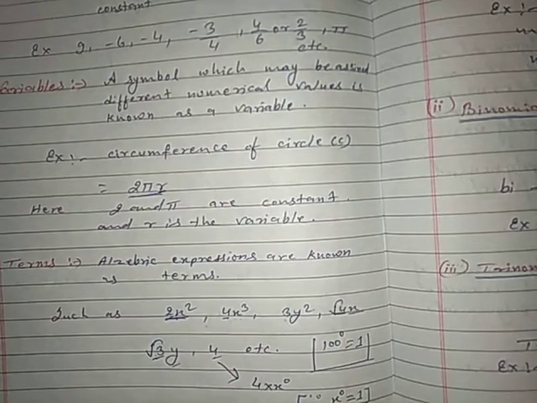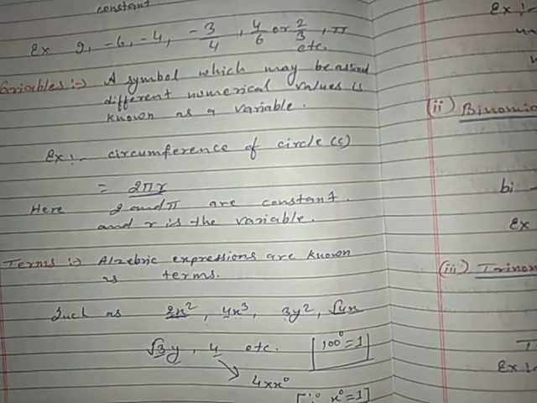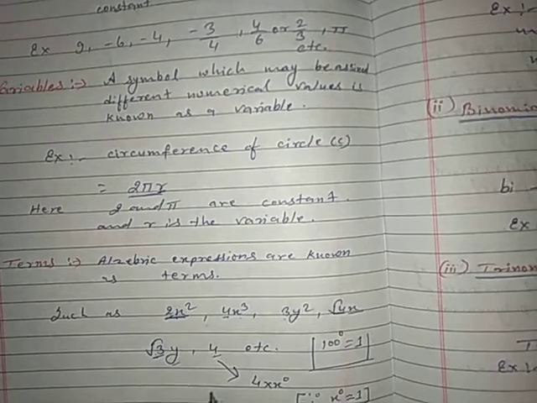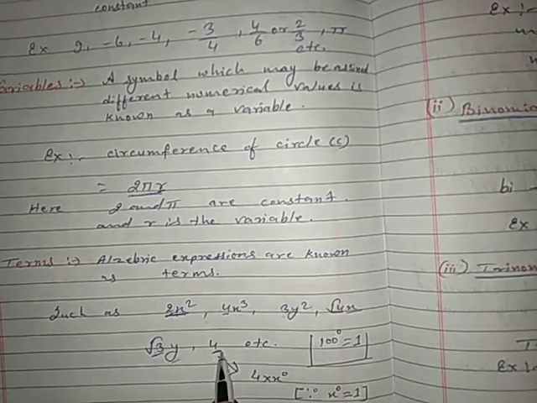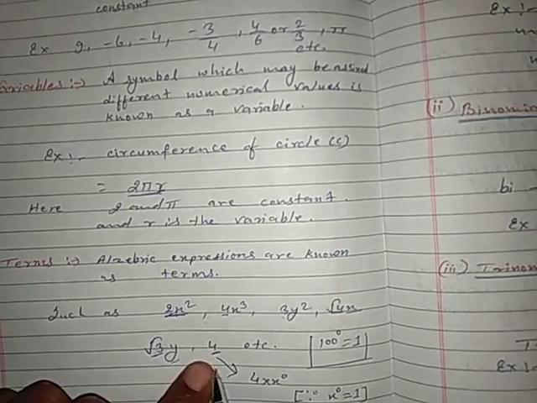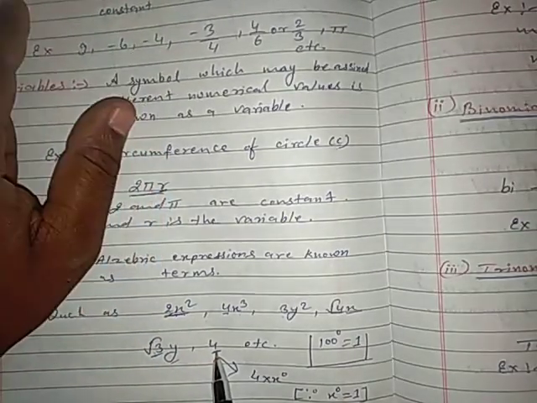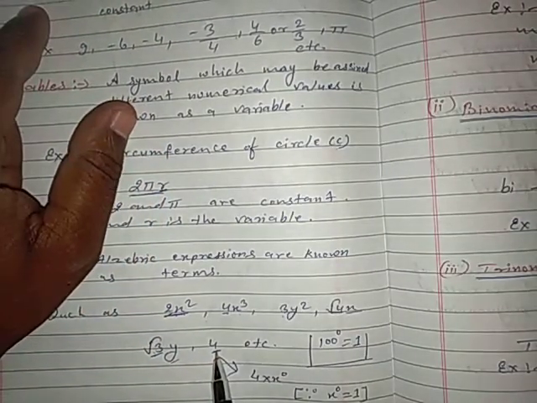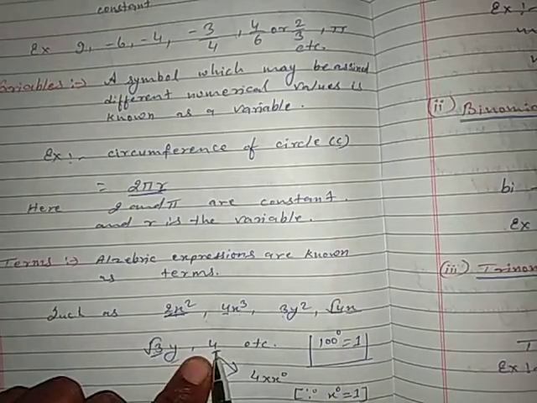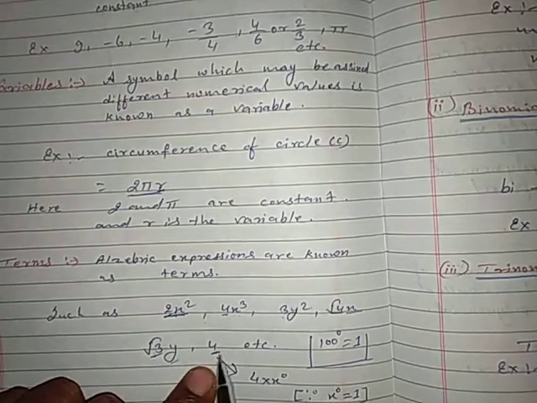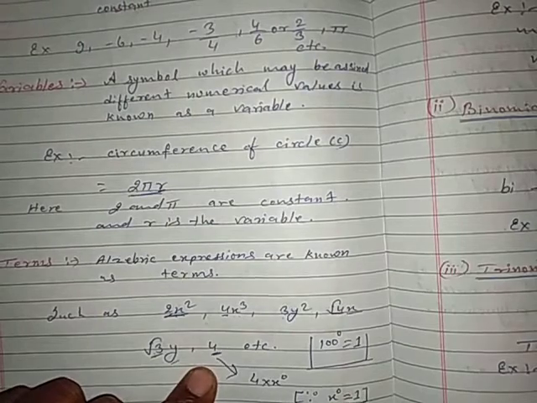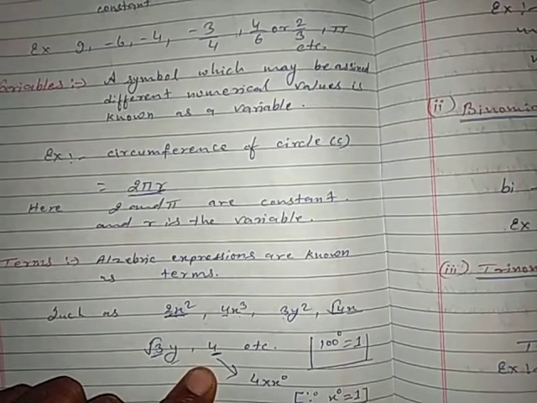How can we say 4 is also a term? You may have a question. I know. Sir, above you said 4 is a constant, and here you are telling 4 is a term. What is this?